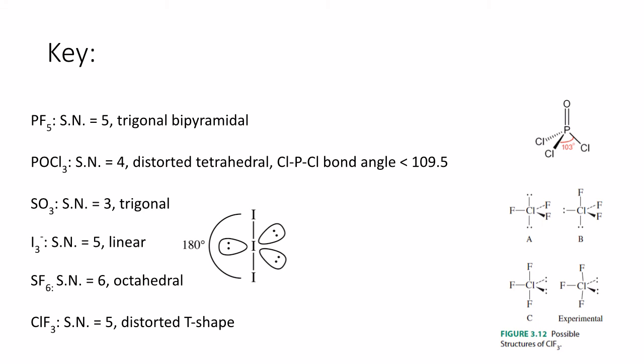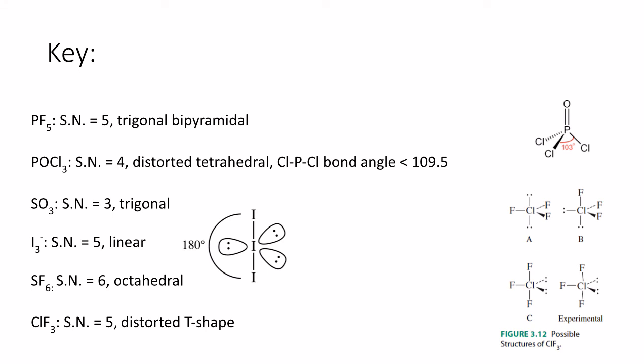In structure A, the lone pairs are placed on the 2 axial locations. In structure B, 1 lone pair is on the equatorial position and another is on the axial. And structure C, both lone pairs are on the equatorial position. Oh, by the way, the equatorial position refers to the triangle shape in the plane, and the axial position refers to the top and bottom.